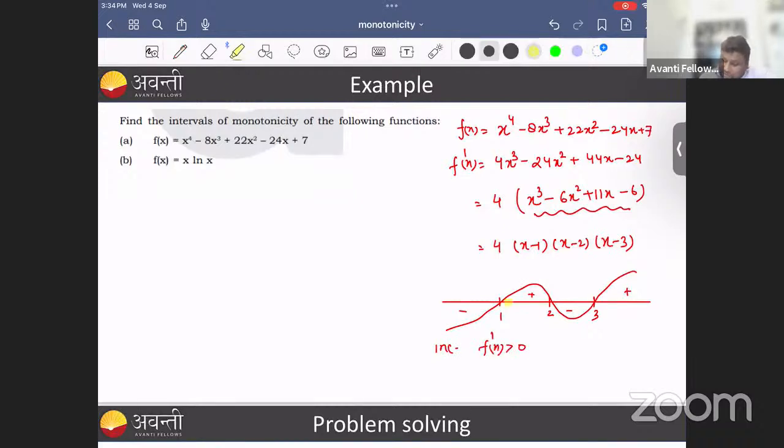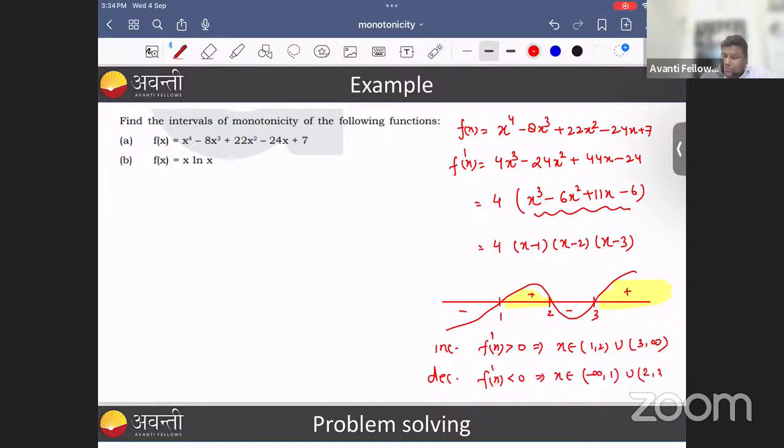So it is more than 0 in 1 to 2 and then 3 to infinity. Got it? So x belongs to 1 to 2 union 3 to infinity. Now decreasing, if f dash x is less than 0, means x belongs to minus infinity to 1 union 2 to 3, where the derivative is going to be negative. Got it?